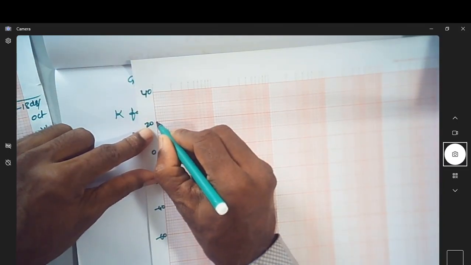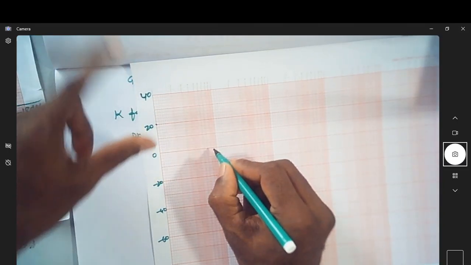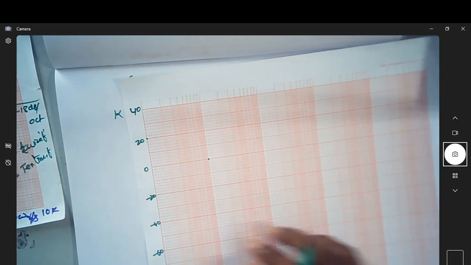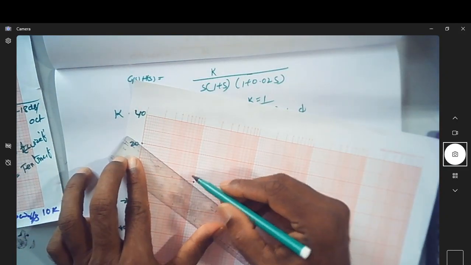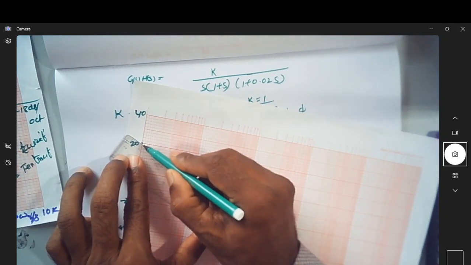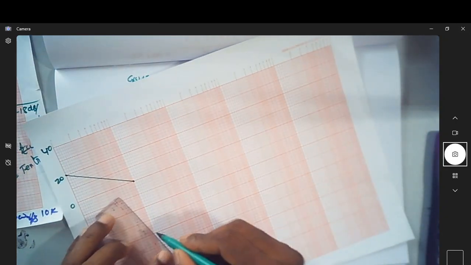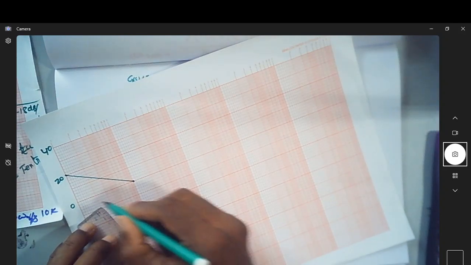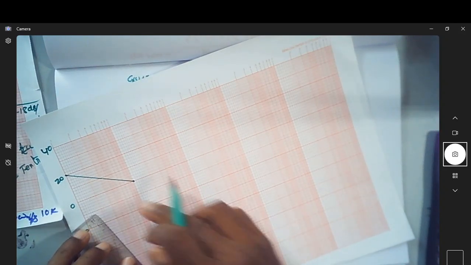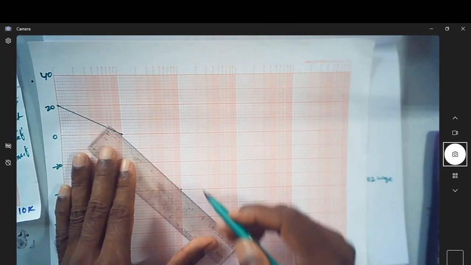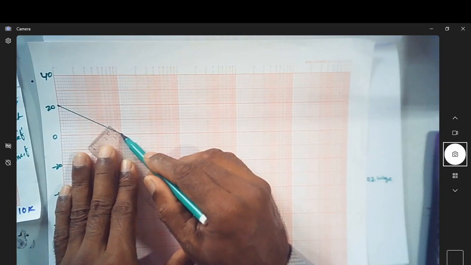Now this will be 20 dB, and using the same slope table you can come down here. After 1 it is 40 dB per decade. I just came down by 40 dB, 1 decade. This will go up to 50 radian per second.